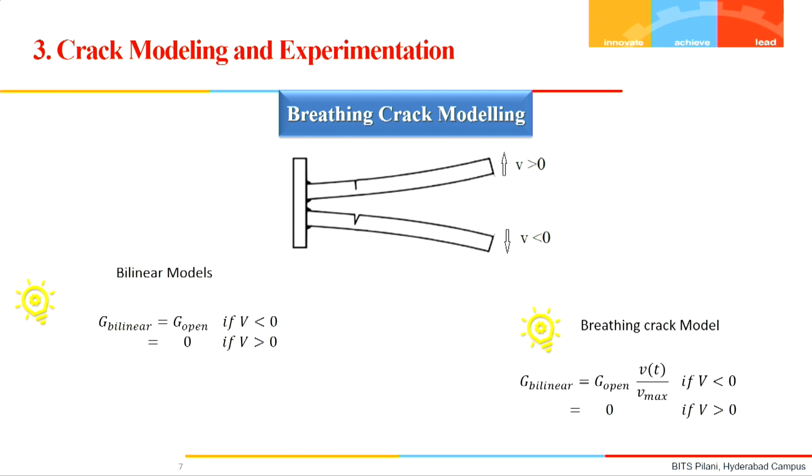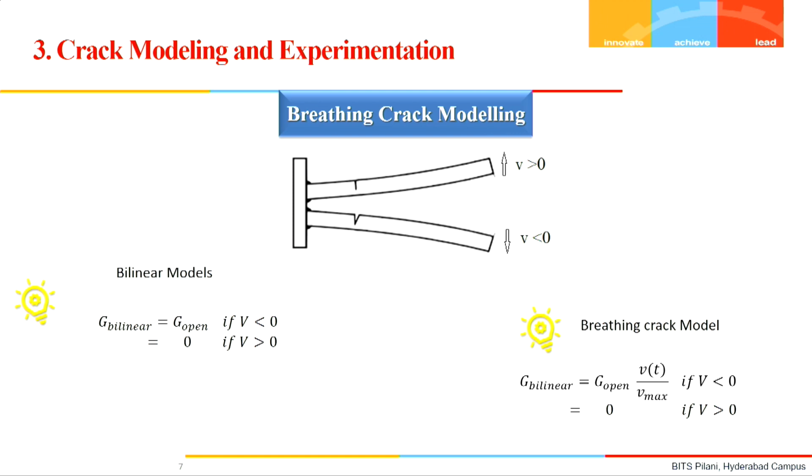Secondly, if we talk about the breathing crack modeling, there generally are two models widely available. One is the bilinear crack model, where it is assumed that in one half cycle of the vibration, suppose this V is the vertical displacement of the beam, so in the upward half cycle of the vibration, this crack will remain completely closed, so it will behave like an intact beam, and the natural frequency will be equal to the natural frequencies of the intact beam.